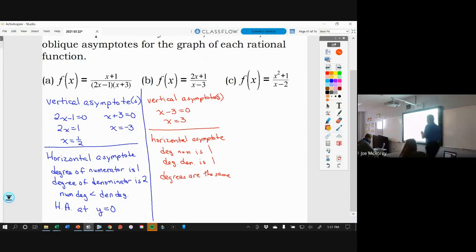When the degrees are the same, we will have a horizontal asymptote at the ratio of the leading coefficients. So in this case, it's y equals, and I'm going to go ahead and write it out as 2 over 1, just so you can see where those came from. Those are the leading coefficients, right? And of course, that reduces to 2. We have a horizontal asymptote at y equals 2.